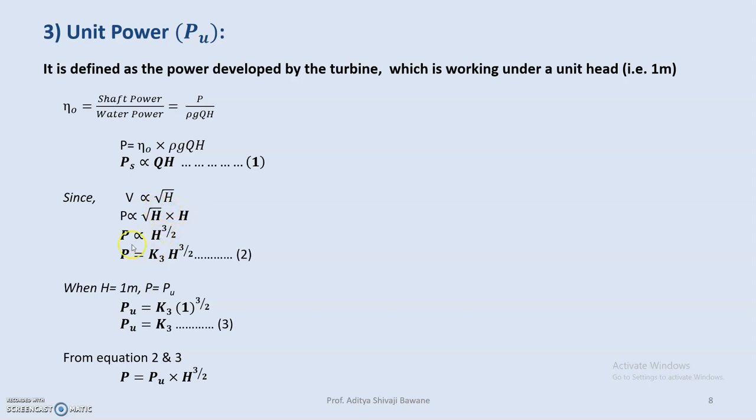Taking K3 as the constant of proportionality, P equal to K3 H raised to 3 by 2. Consider this as equation 2.